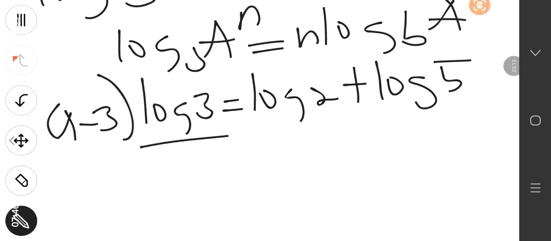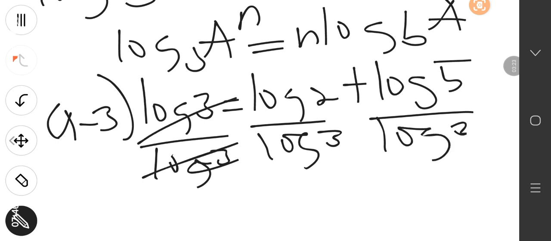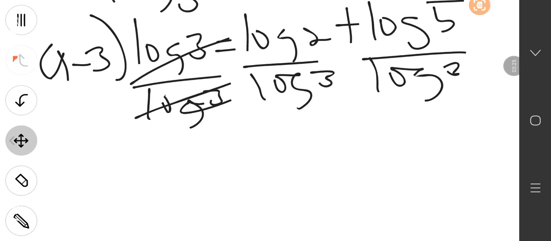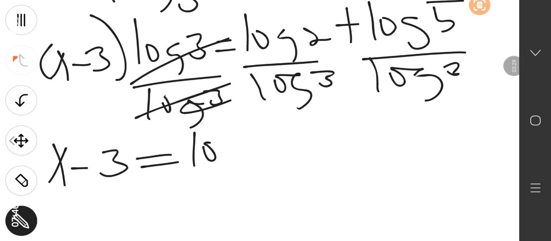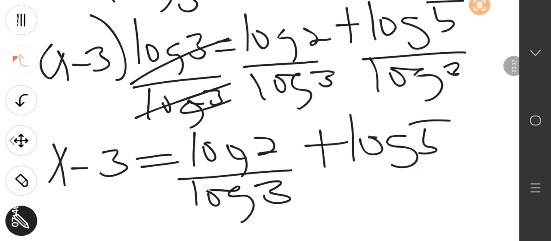Alright, let's divide here by log 3, here by log 3, and then here by log 3. So this and this will cancel. So now we have x minus 3 equals log 2 over log 3 plus log 5 over log 3.